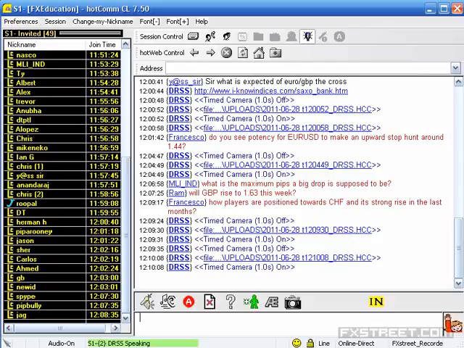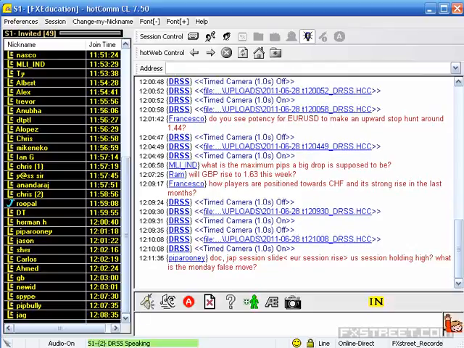Then Francisco asks, do you see potential of euro to make an upward stop hunt to 1.44? No, if you carefully watch, they went up to 1.46 and then came down and briefly showed 1.44, came down, and now they are doing it around 1.43, and then they are expected to come down lower below 1.41 and then go to 1.42.